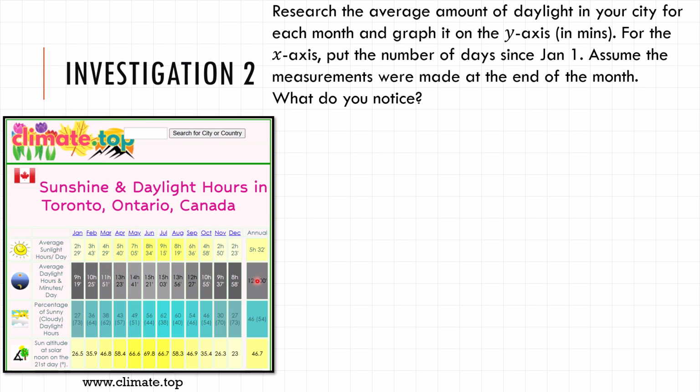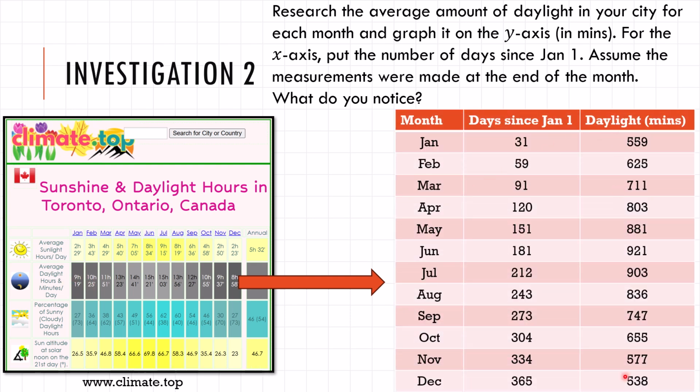So this right here is the data that I'm looking for, and I'm going to graph that. First I'm going to use a table of values because I want to convert all of these to the same unit, not hours and minutes, but just total minutes. In January, again, I assume that this was made at the end of the month.